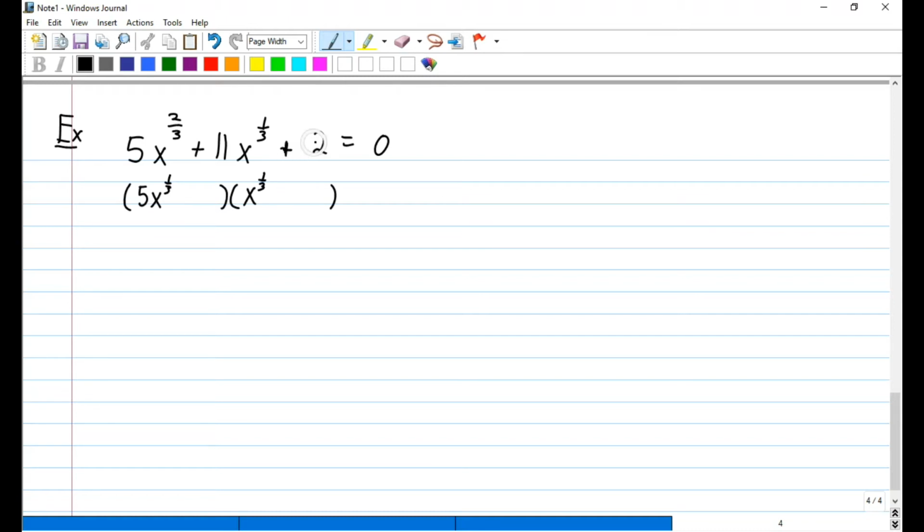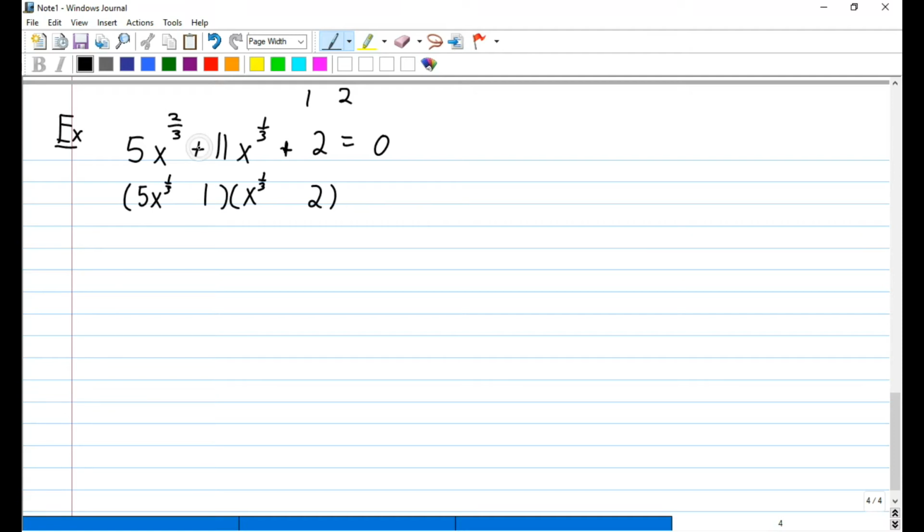I look at the factors of the last number, right? 1 and 2. Now since this was a 5, I can't add them together and get the middle number. That only works if you have a 1 in front of that first term. But we only have one set of numbers to look at, 1 and 2. So let's just put 1 and 2 here.